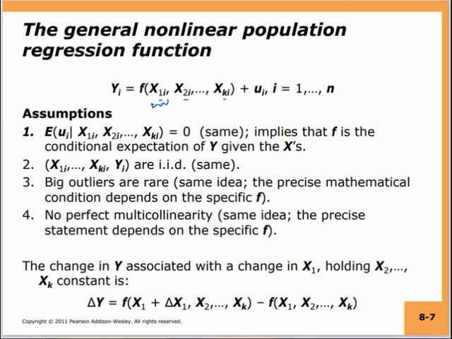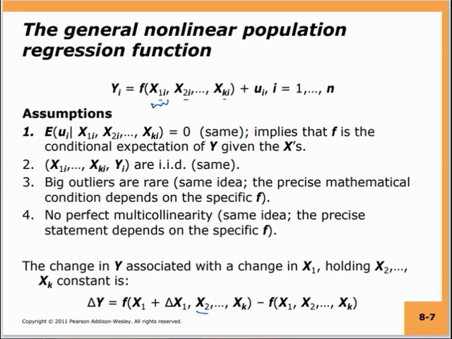So the way we say it is that the marginal effect of a change in x1 on y is: you put in that plus delta x1 over here, f of x1 plus delta x1 and all the others remain the same, minus f of x1 and all the others remaining the same.